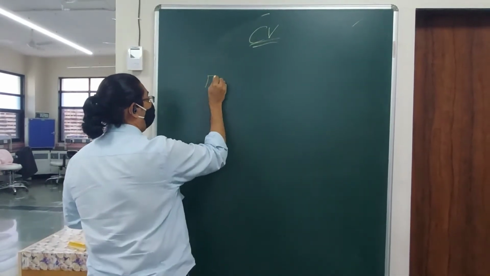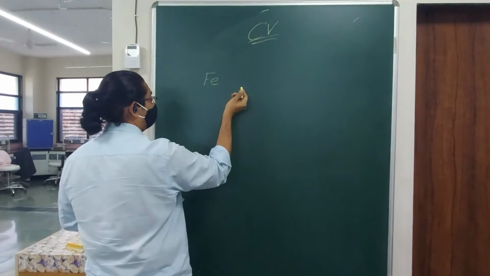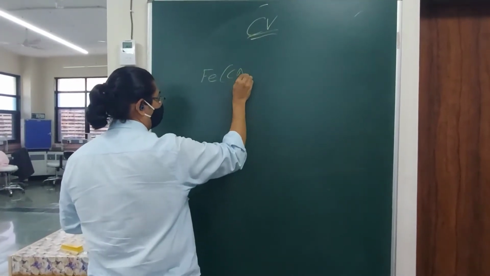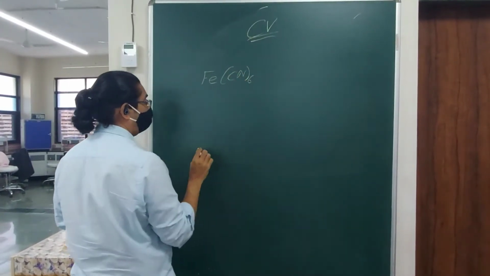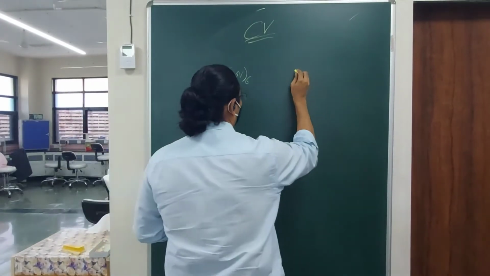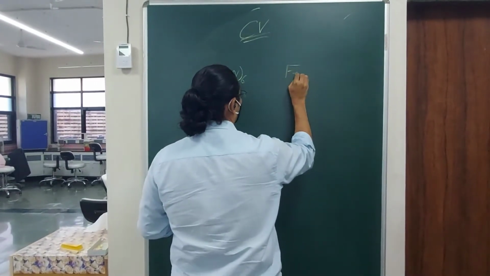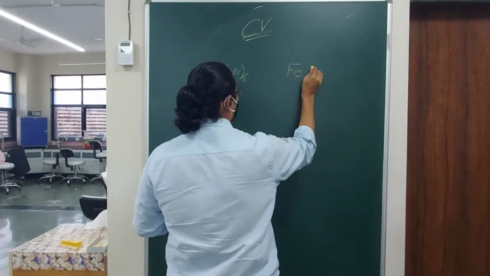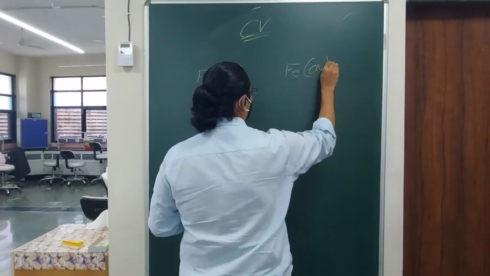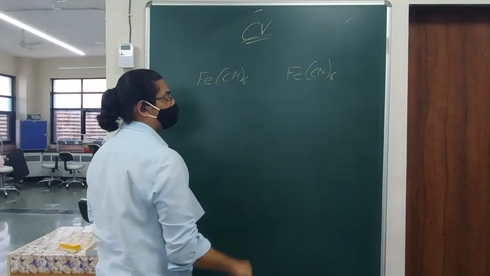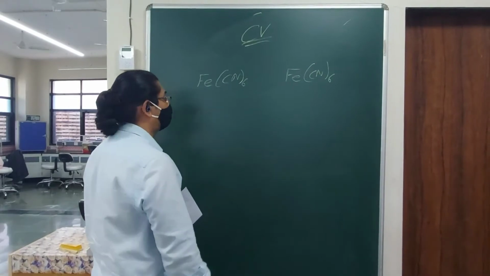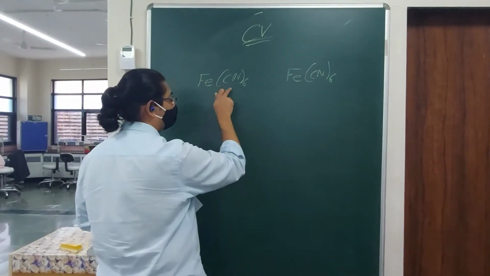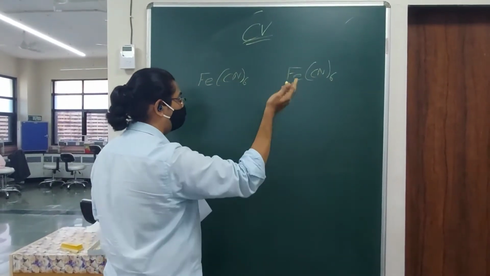So we have ferrocyanide, right? And let me write one more time. This is 6 negative, right? And this is 6 negative as well, so we have to counterbalance it.